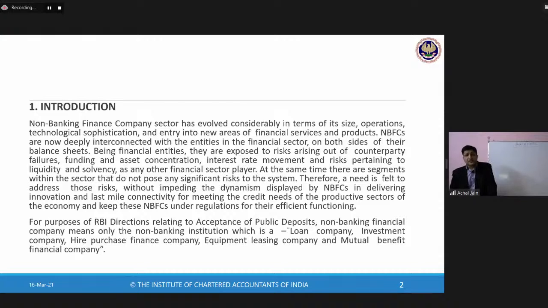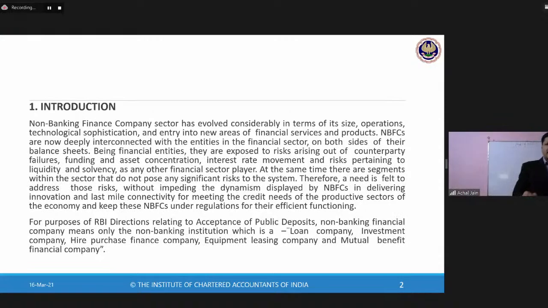And for this purpose, NBFCs would also need funds. So what is the business of the NBFC? To obtain funds and to advance funds. That is how NBFCs operate. But as I told you, they do not operate similar to the way banks operate. There are differences between these two.